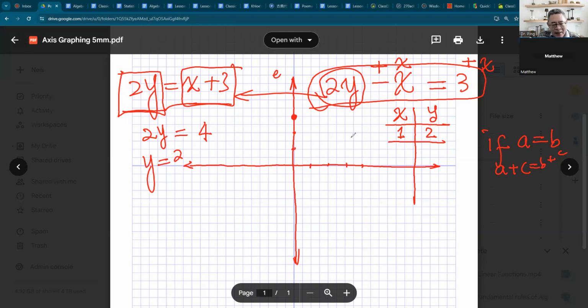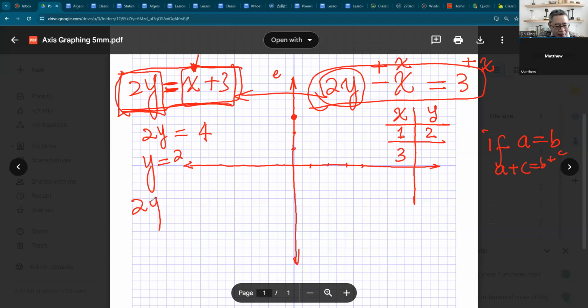So basically, as long as we have this equation, if x is 1, then y has to be a fixed value, and that value has to be 2. Yep, because we have to keep the equation true. So then we pick another one. If I pick 3 here, what will be our y?